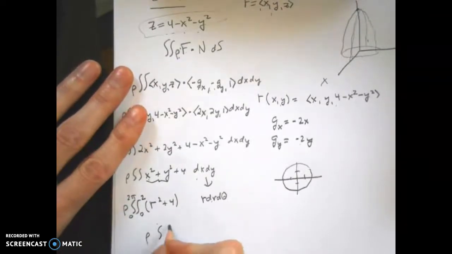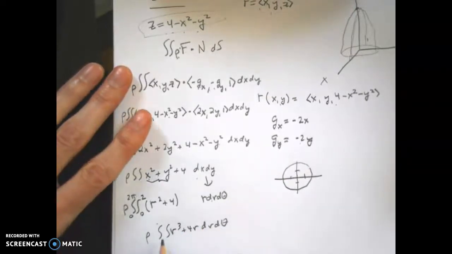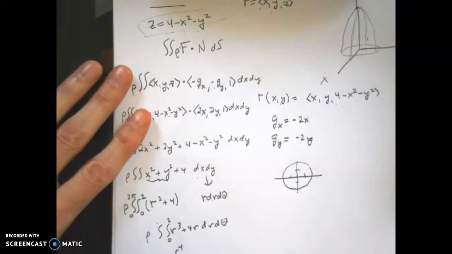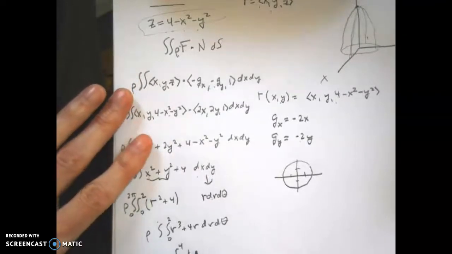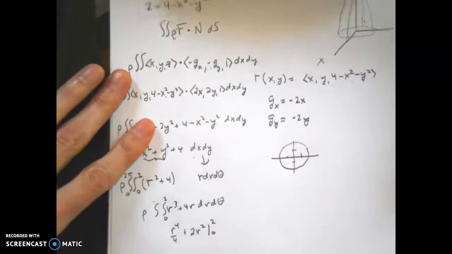We can continue from there. So rho times the double integral of r cubed plus 4r dr d theta. With r from 0 to 2, that's r to the 4th over 4 plus 4r squared over 2, so 2r squared, from 0 to 2.